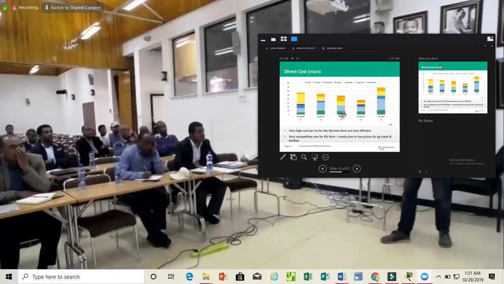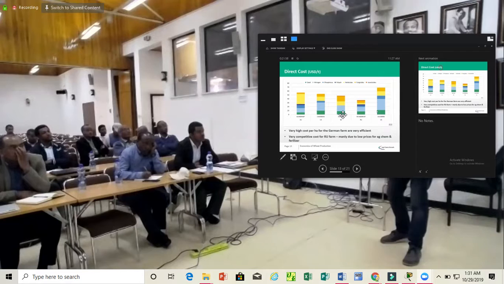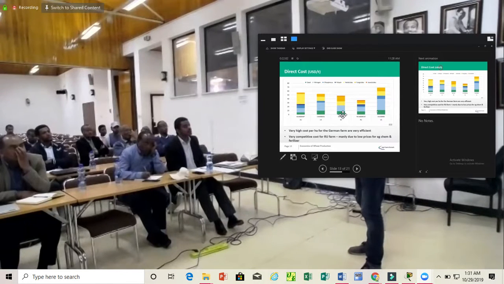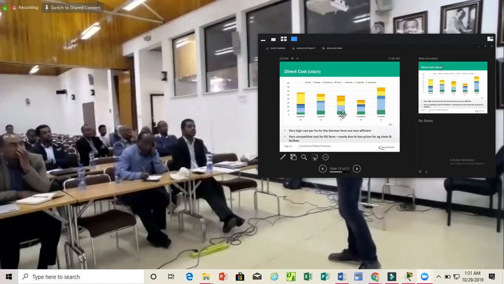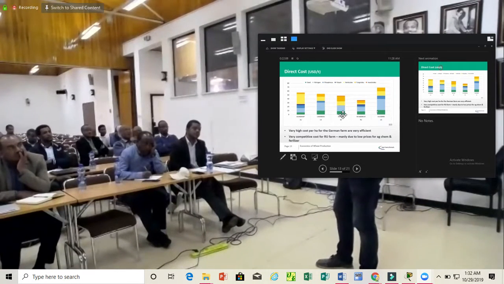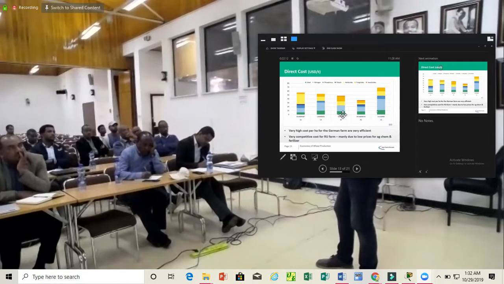This is a very typical picture, and my hypothesis, that is not very scientific, is that it comes because irrespective of whether you have 2 tons or 10 tons, you need to establish the crop.